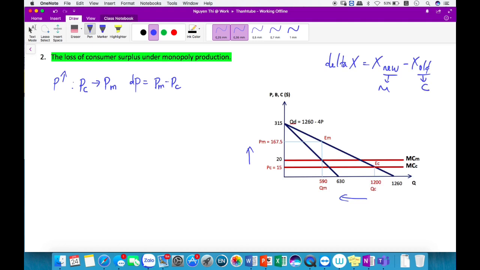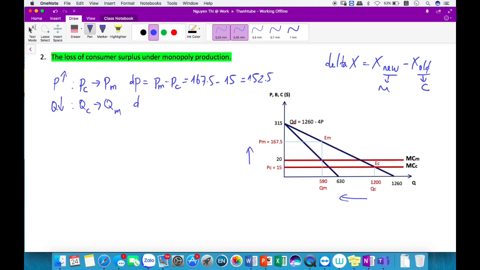Right, so delta P will be equal to 167.5 minus PC, which is 15, or equal to 152.5. And the output decreased from QC to QM.